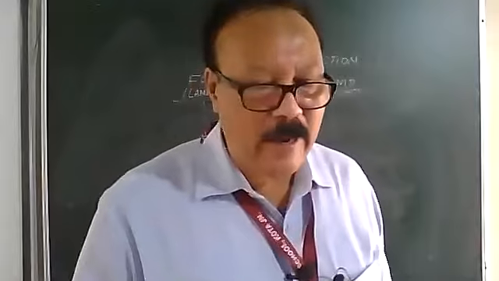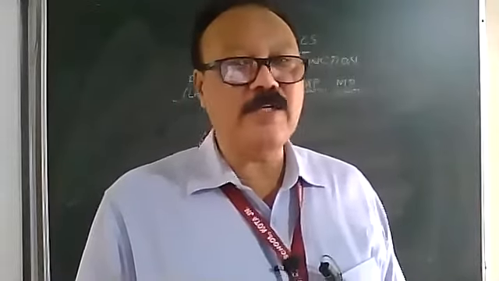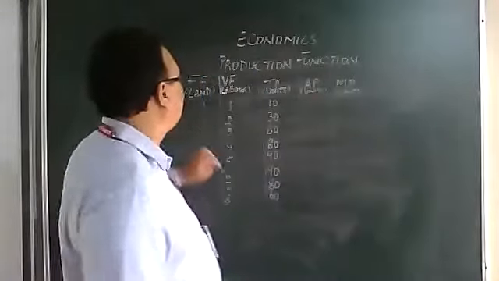How do we find AP? The AP formula is TP divided by the variable factors.